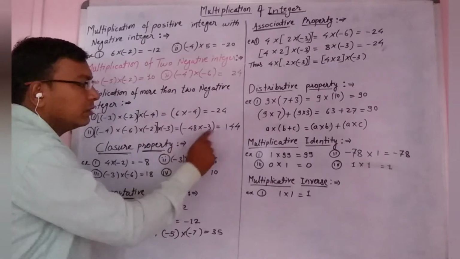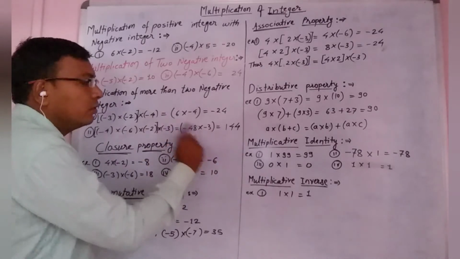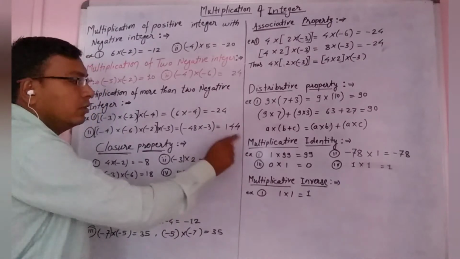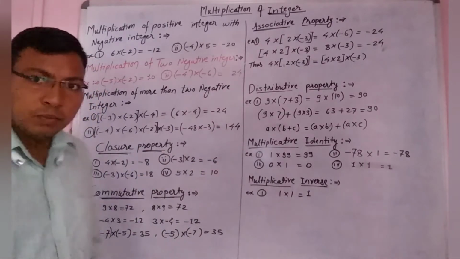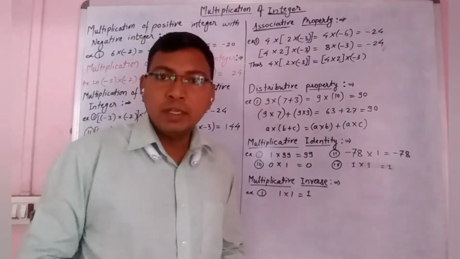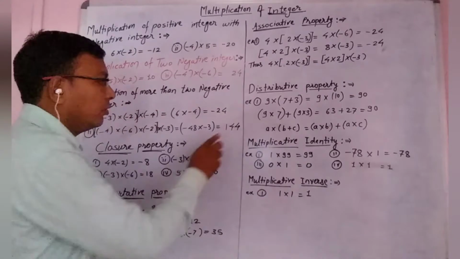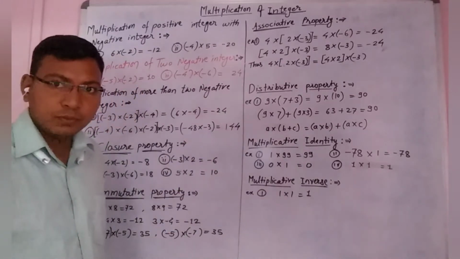So minus into plus, 48 into 3, the answer is 144. So this is a positive number. It means that when you multiply four negative integers, the answer will be positive.